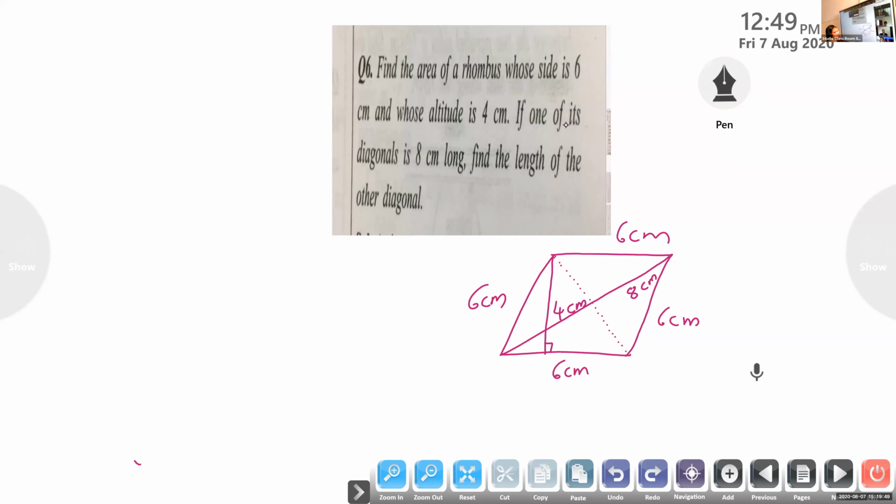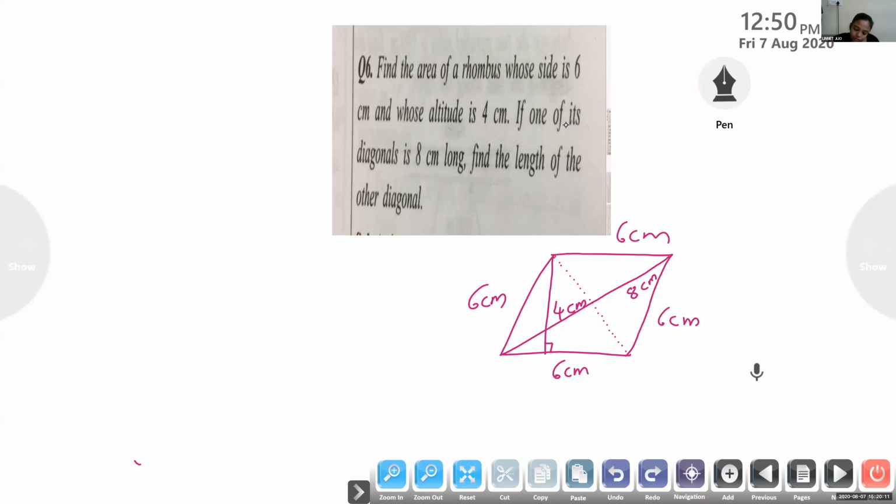Base is 6. H is given, isn't it? H is 4 centimeter and base is 6 centimeter. Since rhombus is a parallelogram, we can use BH for finding the area of the rhombus.